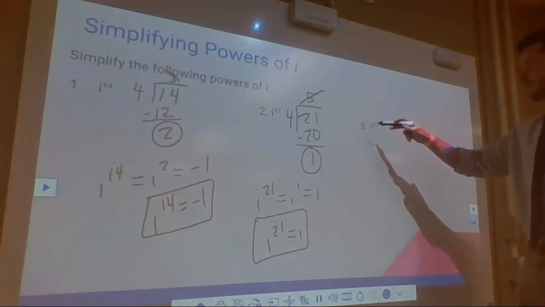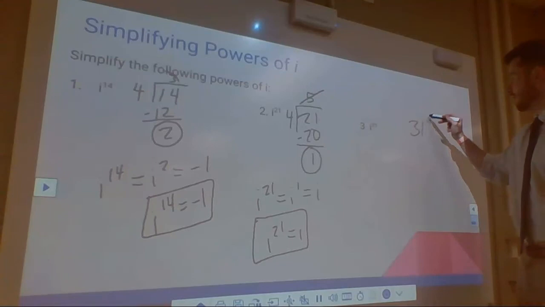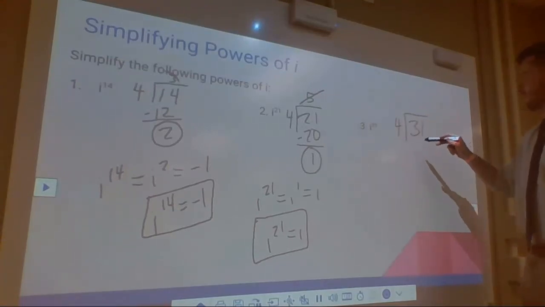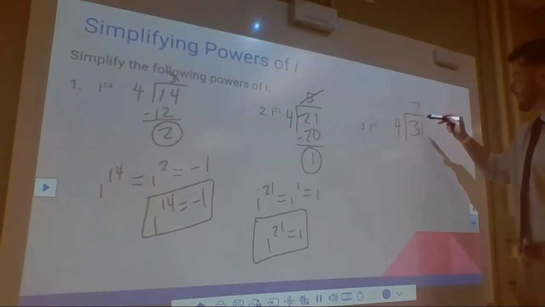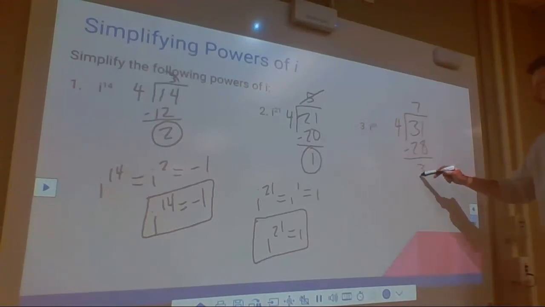Lastly, we have number 3, i to the 31st power. We're going to take 31 and divide it by 4. 4 goes into 31 7 times. 4 times 7 is 28, and 31 minus 28 leaves a remainder of 3.